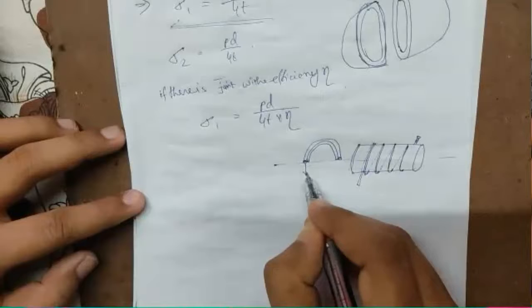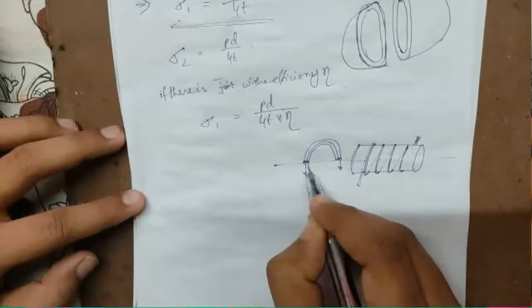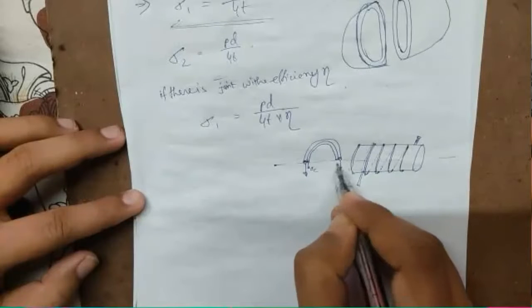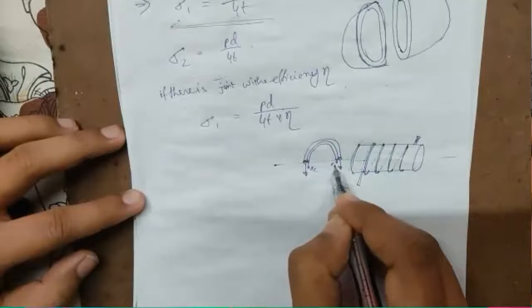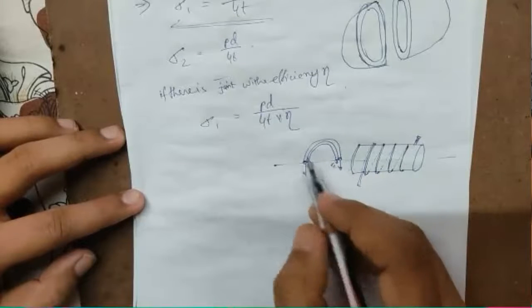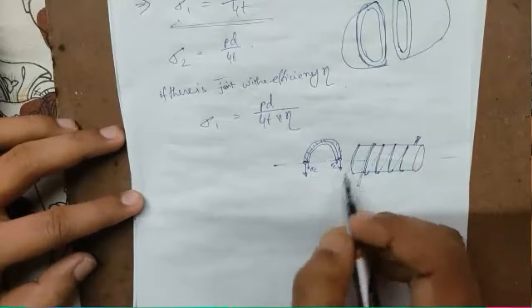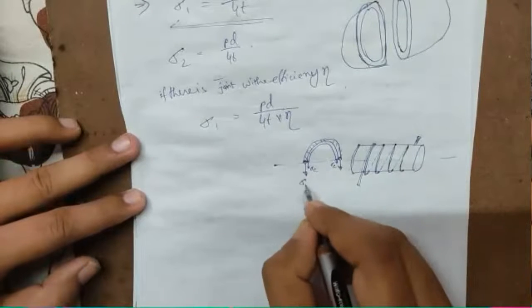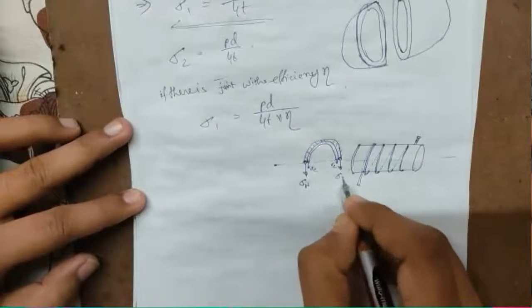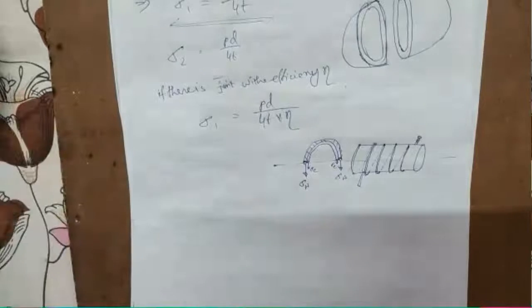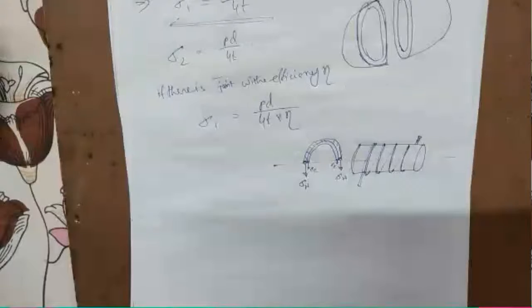So here the wire supports more stress. This is sigma c supported by the material, and also we have these wires, and that wire takes the stress sigma w. Okay, now this is not what we are going to do right now.